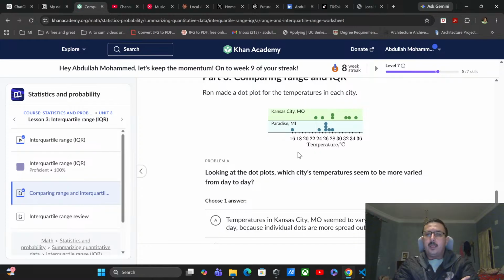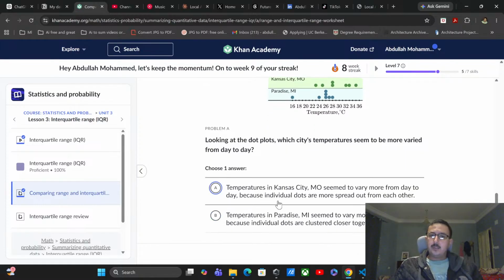So I think Kansas City has, I don't know, but we still get an outlier. Looking at the data, which seems to be more varied from day to day? Kansas City.